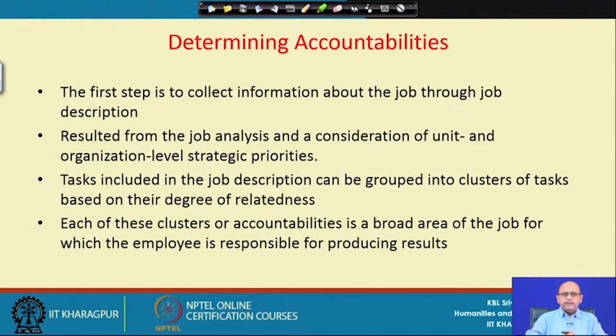We have identified this for a faculty, that is teaching, research, training and consulting, right, and this comes from the job analysis of the faculty. This has to be aligned with the department's goal and also the organizational goal, because the organization has a goal that we are going to publish say 100 papers, and if you have 50 faculty, each faculty is going to contribute 2 papers.